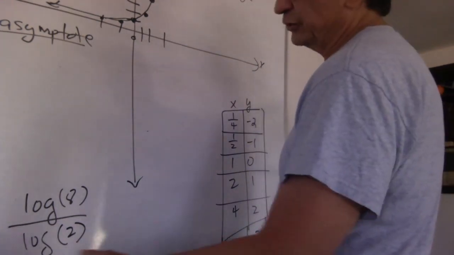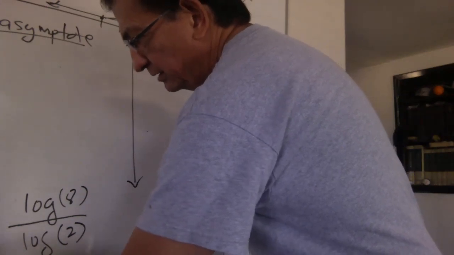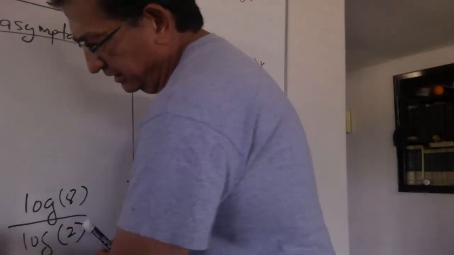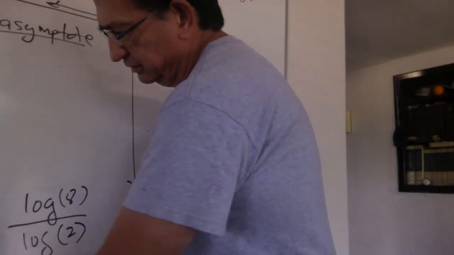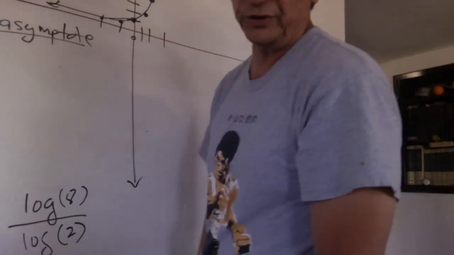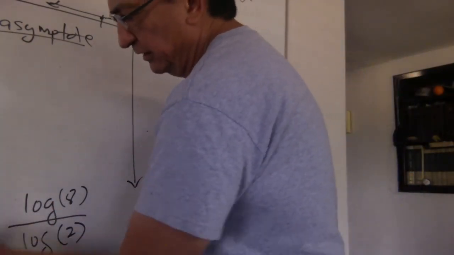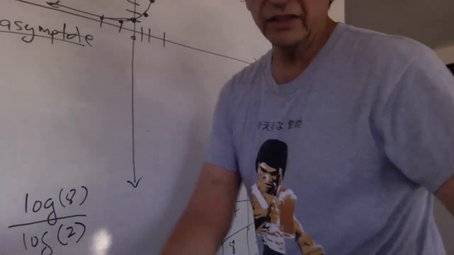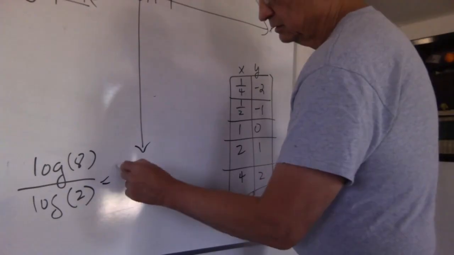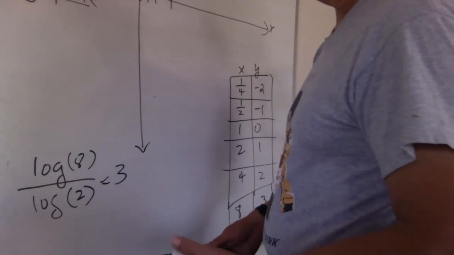The way you can remember it is that log base 2 of a can be made into a fraction: log a over log 2. If you divide this out, you're going to end up with the value 3, because remember, 2 to the 3rd power that we did earlier is equal to 8.